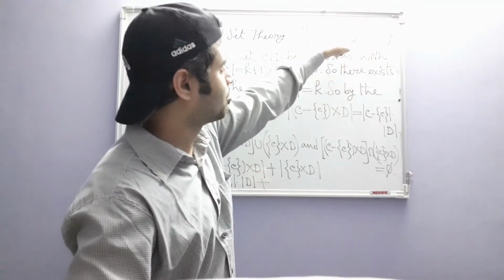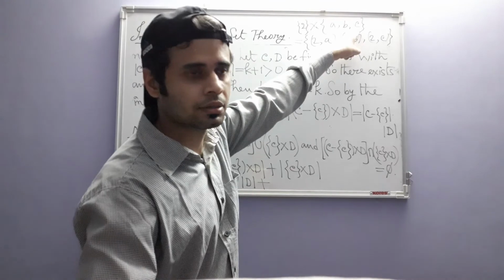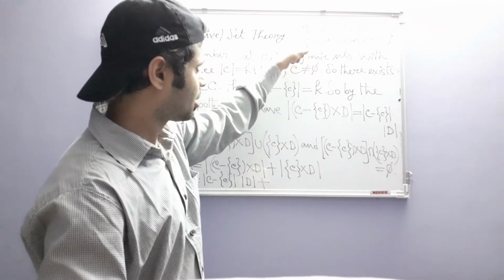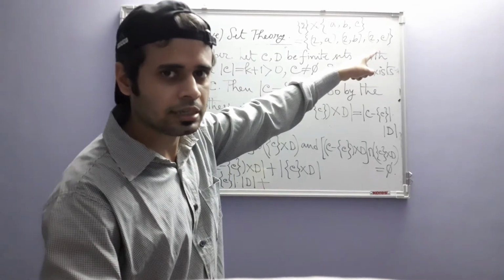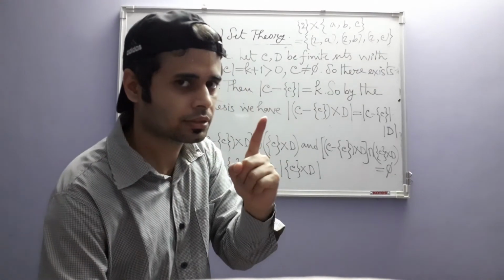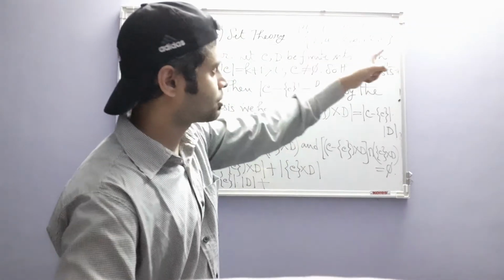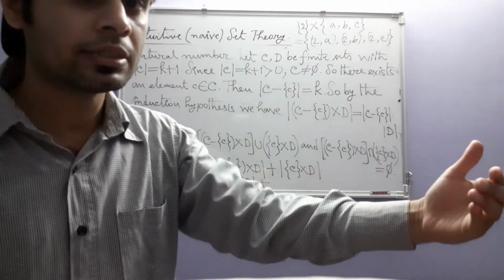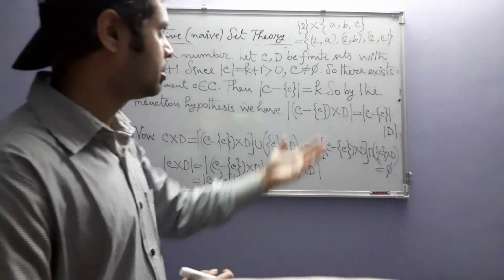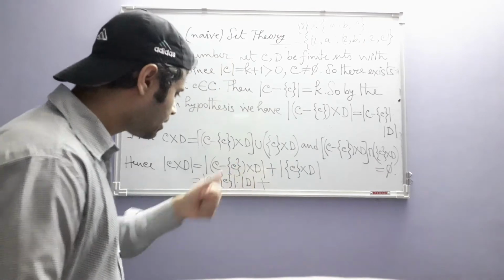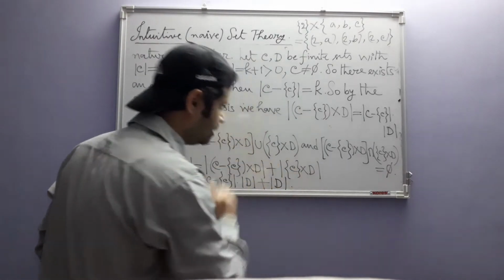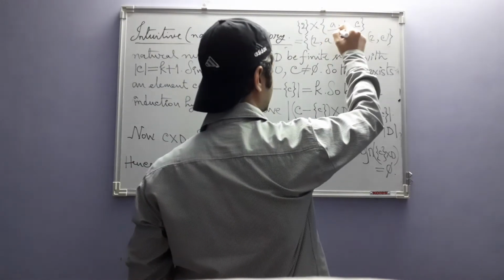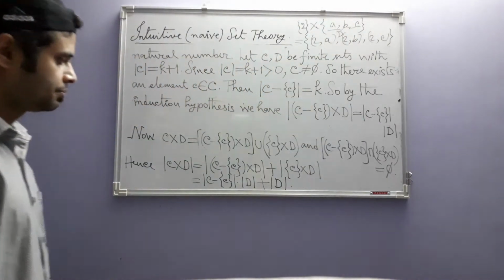It's just the number of elements in the second set, because the first set contributes only the first coordinate in each pair and there is only one such coordinate. So it is unable to increase the number because the first coordinate is constant. So here also this is nothing but cardinality of D.